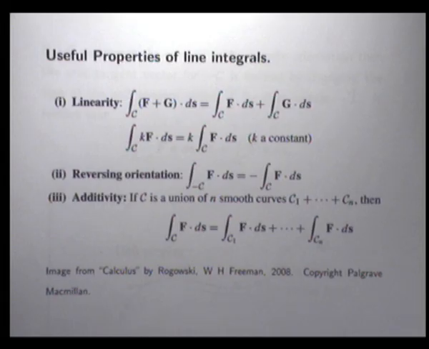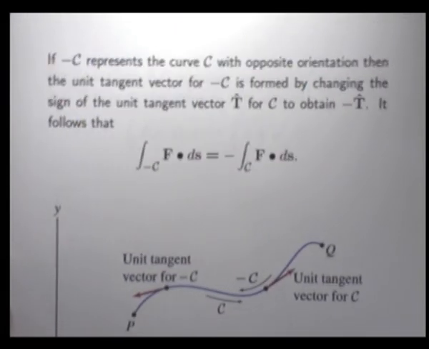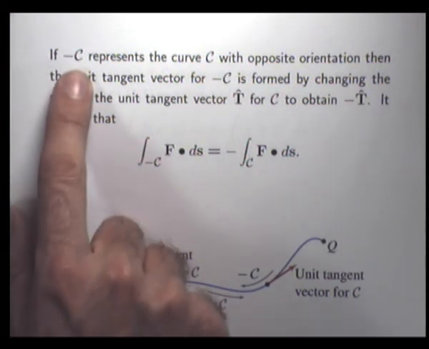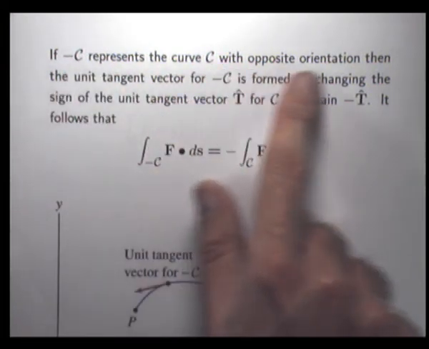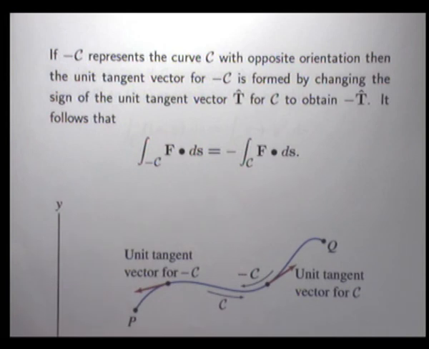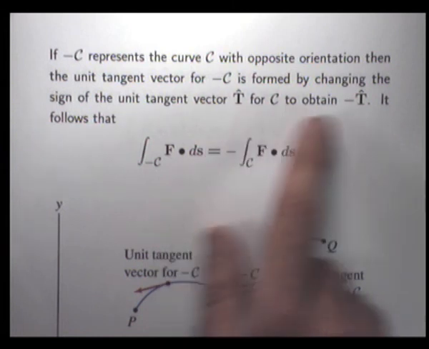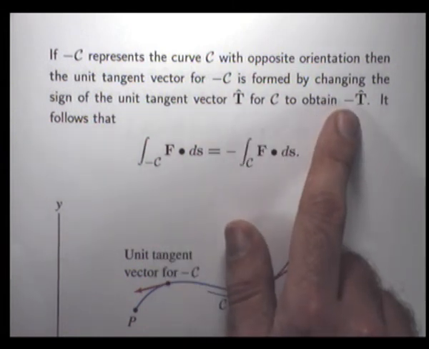Okay, so let me give you an example of what I mean there. This minus c represents the curve c with the opposite orientation. So in that case, the sign of the unit tangent vector will just be switched around.